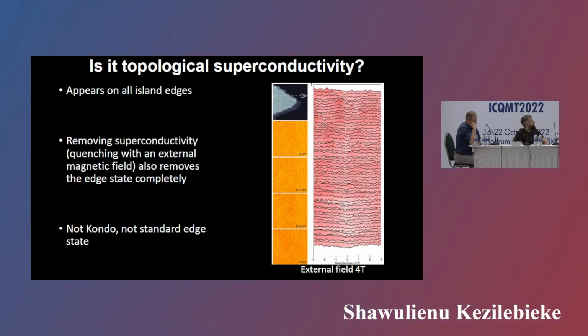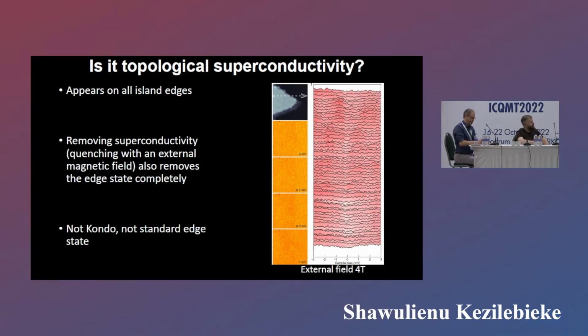For that, we just remove the superconductivity from the equation, or destroy the superconductor by applying an external magnetic field. Here we are applying 4 Tesla external magnetic field, which completely kills the superconductivity in the niobium diselenide. As soon as we destroy the superconductivity, the states at the edge completely disappear.